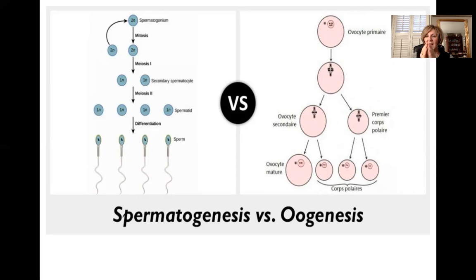So they're going to have a head, and they're going to have a collar. That collar is where all the mitochondria are that produce the ATP that allows this flagellum to swim toward the egg. In females, we have oogenesis, and we have cells in the ovaries called oogonium cells that are going to go through meiosis 1 and meiosis 2, but these are going to be delayed by many, many years.